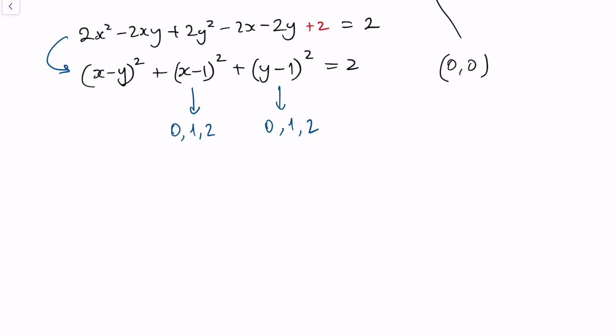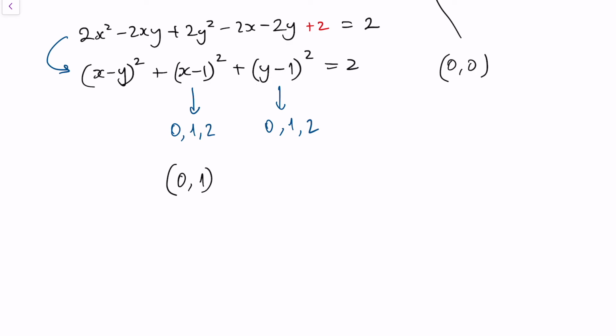One possibility is x is 0, y is 1. We set the first term to 0, and the other two give us 1 squared plus 1 squared. Indeed, it will be minus 1 squared for one of them, but that doesn't matter because we're squaring it. So 0, 1 is clearly one of the solutions.